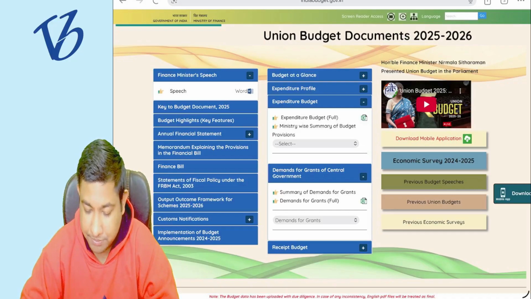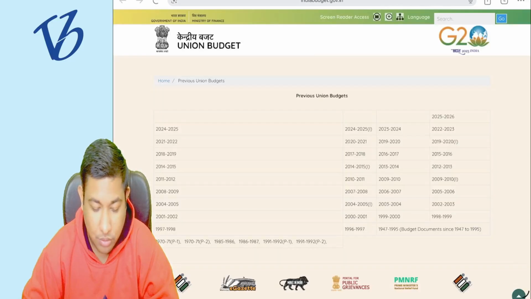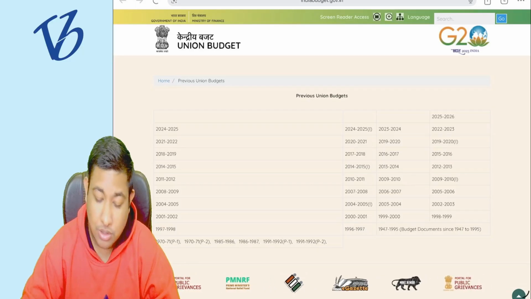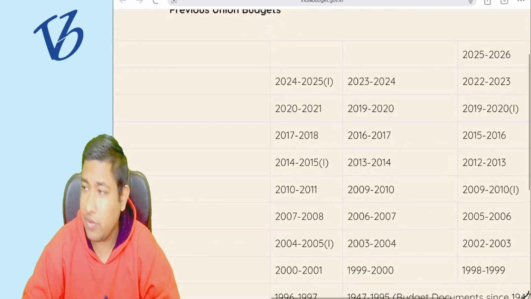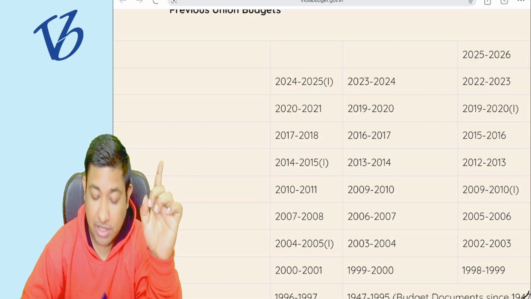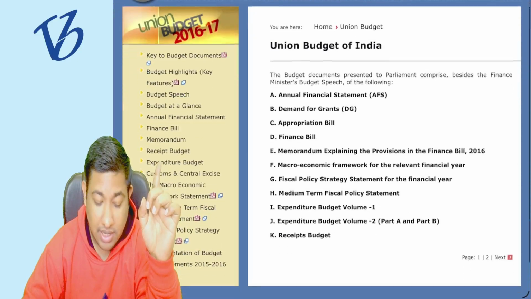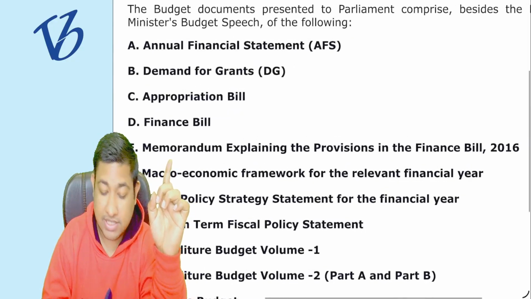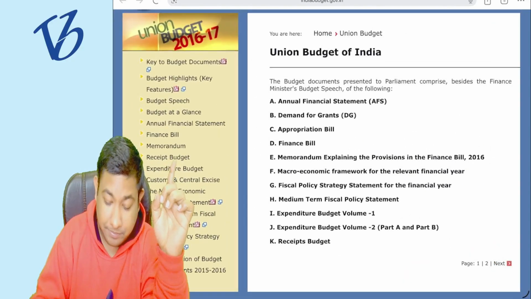Clearly understood? If you go to the previous union budget, we want to find the previous year memorandum. Suppose I want to find the memorandum to the amendment which came in 16-17, I'll go to 16-17 and then find the memorandum explaining the finance bill 2016. I'll click here.